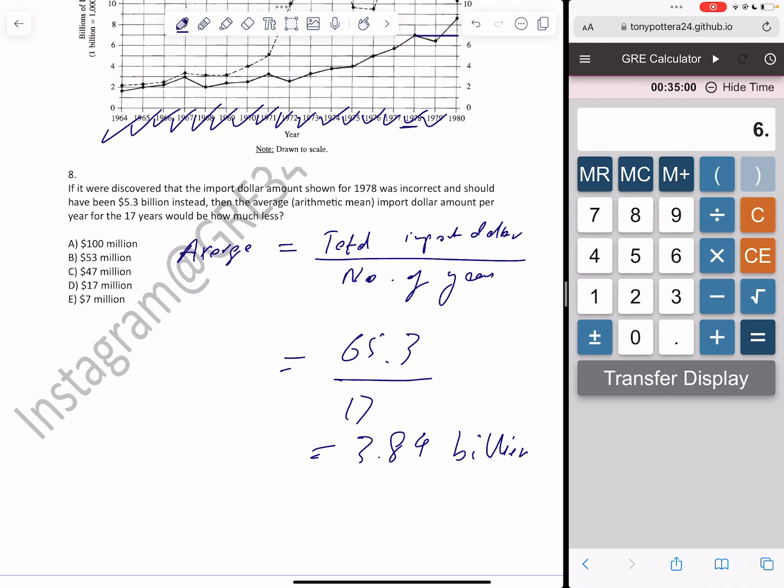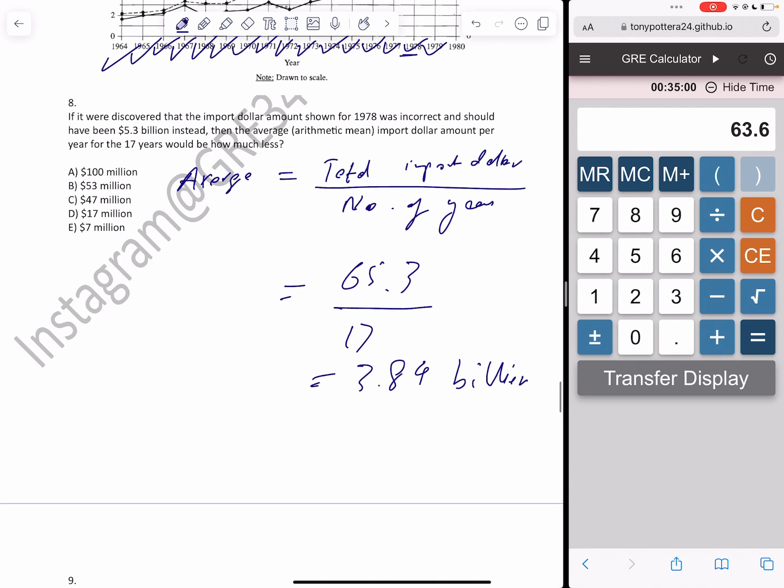So 65.3, we'll subtract the incorrect value 7 and add 5.3. 63.6. 63.6 divided by 17. So the new correct average is 3.74 billion.